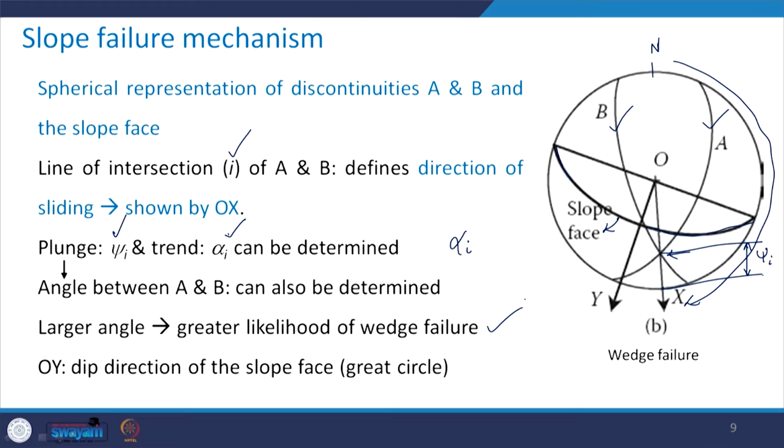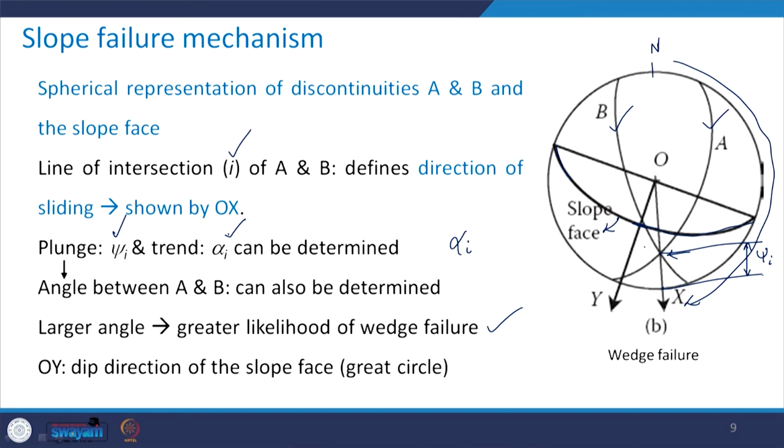Now, look at the slope face, and here its maximum curvature is there. If we draw a radial line through this maximum curvature, that is going to give me the dip direction of the slope face.